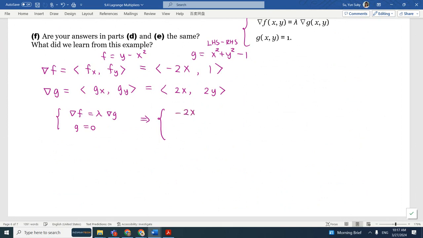So negative 2x equals lambda times 2x. Is that okay, everybody? Yeah, this is a vector component. And then we have also the y component: 1 is lambda times what? 2y.